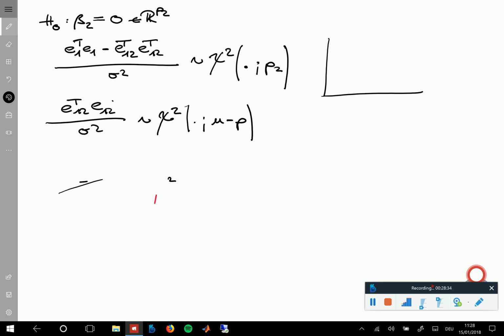Yeah. So this is fairly hand-wavy, but really deriving these distributions would require considerable effort that we don't want to spend.